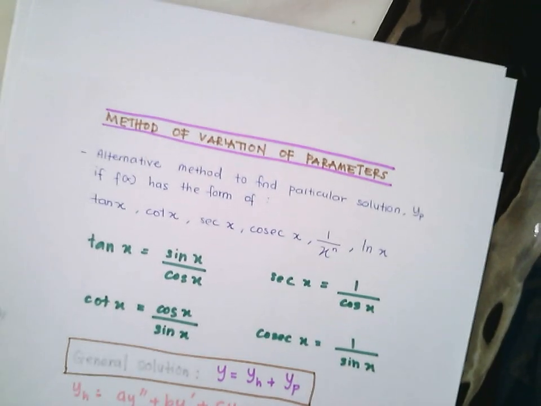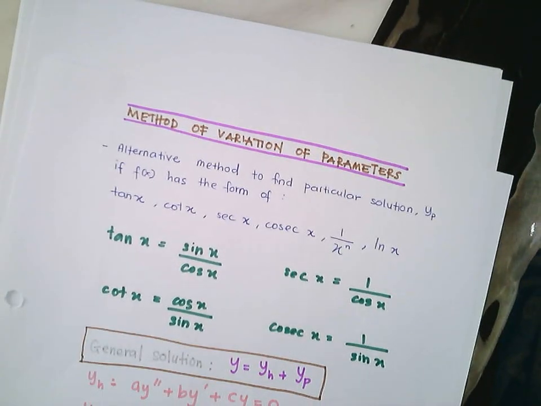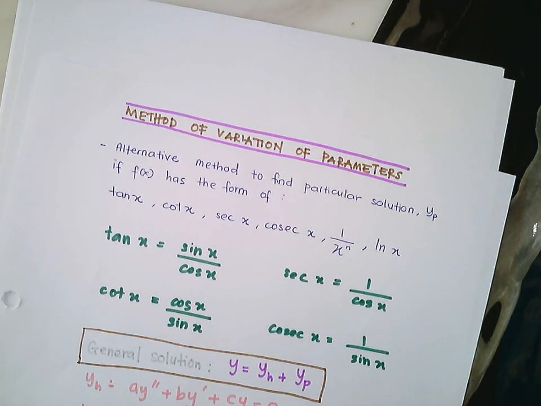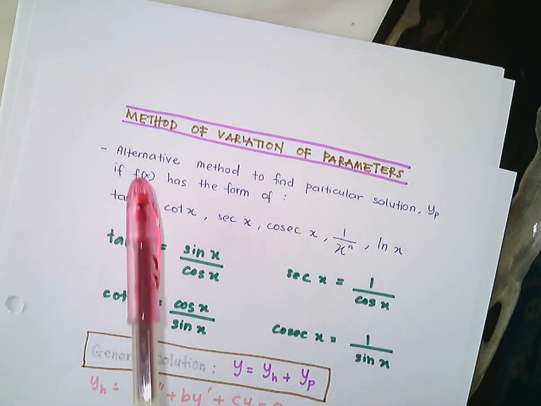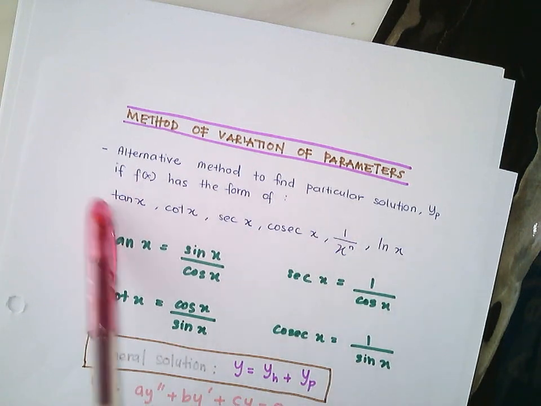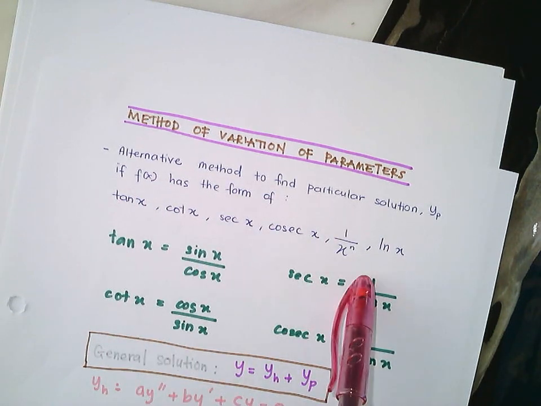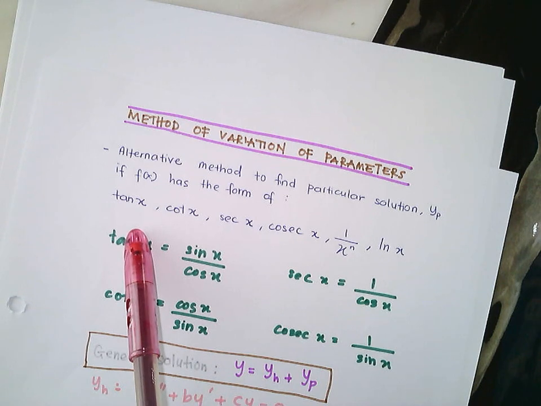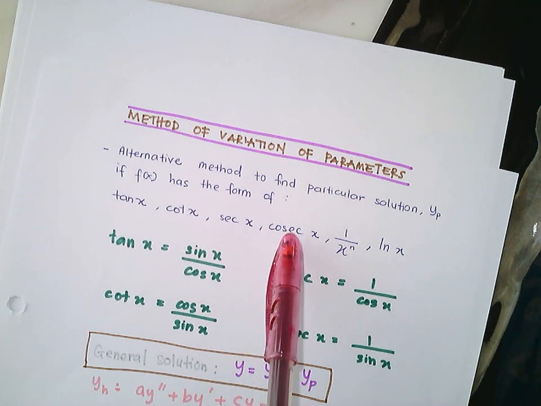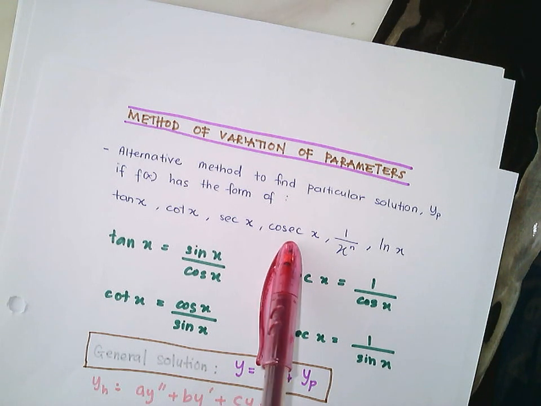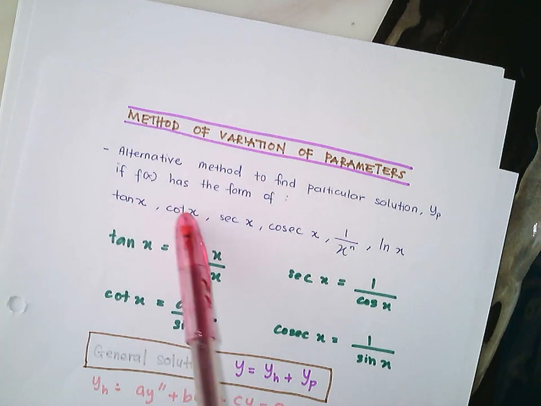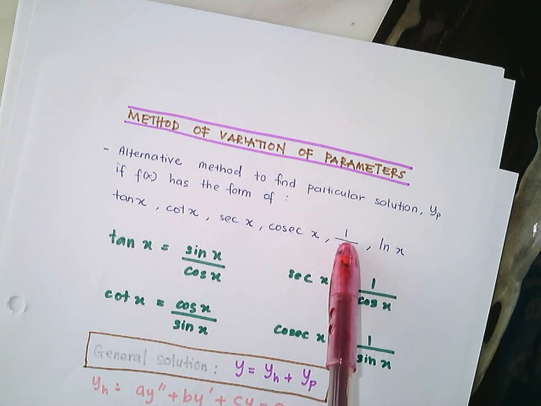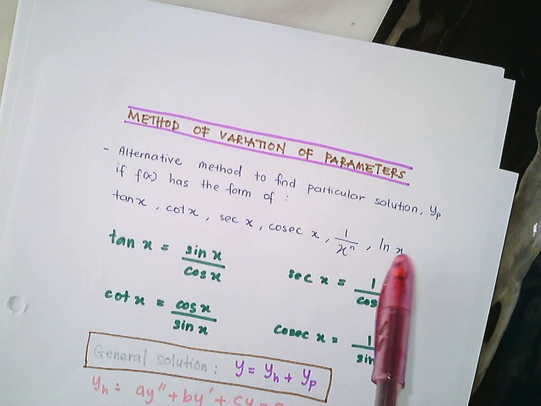Okay, so basically VOP, variation of parameter, is an alternative method to find YP if your f(x) has the form of the following functions. As you can see here, your f(x) is not a polynomial or exponential or trigonometric function with cosine and sine. It is either tangent, cotangent, secant, cosecant, 1 over x to the power n, and also ln x.